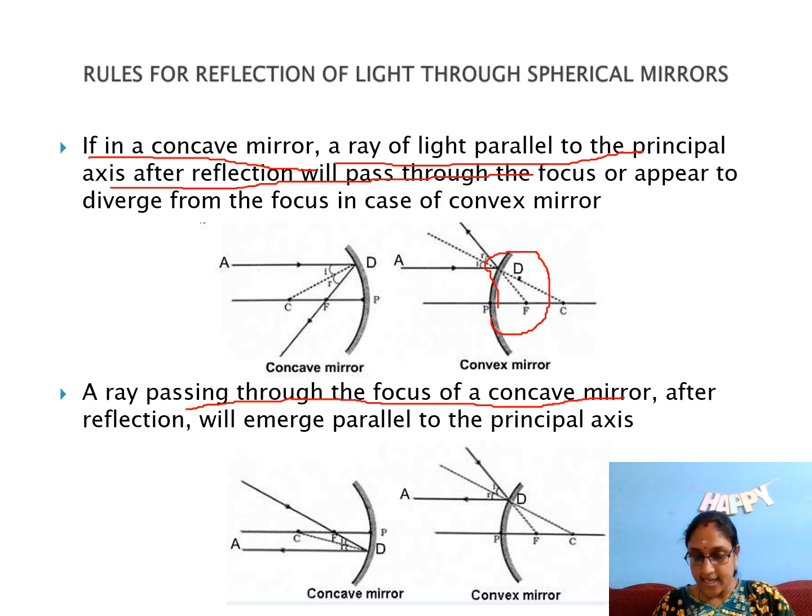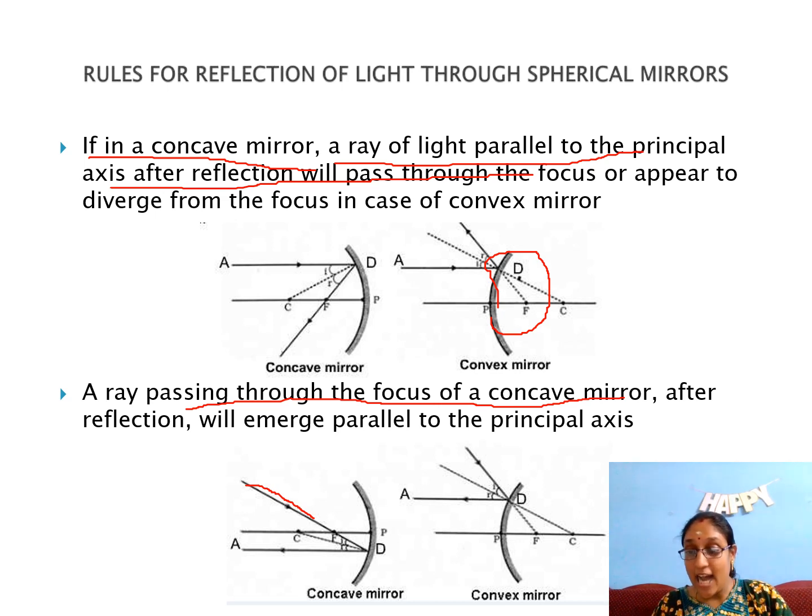This is a ray, and it is passing through the focus F. After reflection, it will emerge parallel to the principal axis.